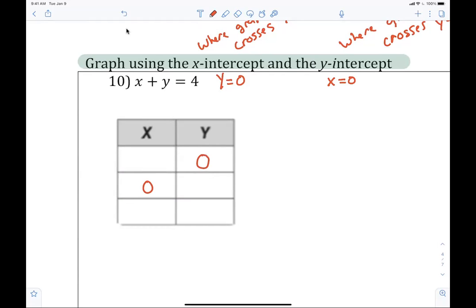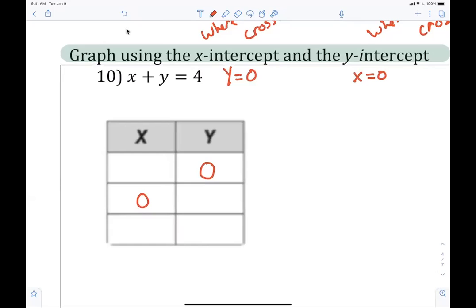Now, here's where I need everybody to look up on the board. If I make y 0, then what's the x going to be? 4. Who said that? Thank you. The x is 4. That is the x-intercept. 4, 0.